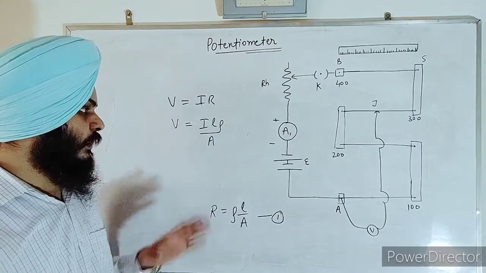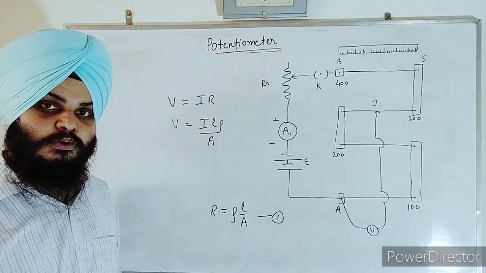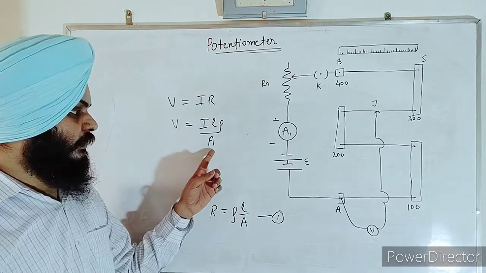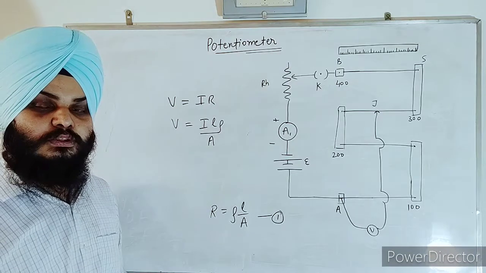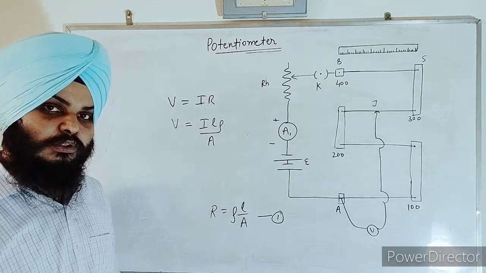From this relation we can see that this rho, resistivity, is a microscopic property of the conductor which remains constant, and this capital A, area of cross section of the potentiometer wire, is also constant.